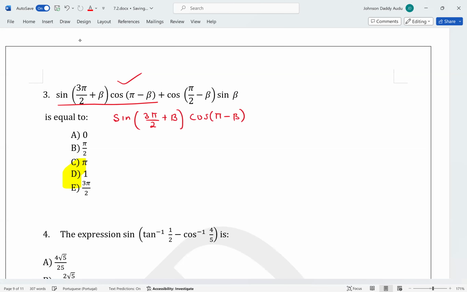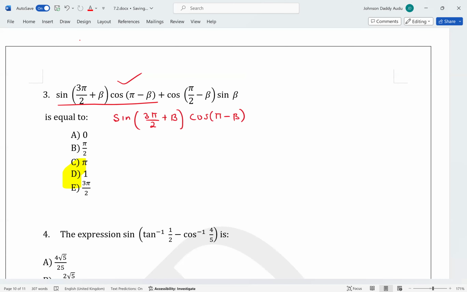So let's assume we just want to deal with this one. What would this be like? Since this is multiplication, you can see that this is sine, cosine, right? And they are not exactly the same, because this is sine and this is cosine, and the angles are not exactly the same either.